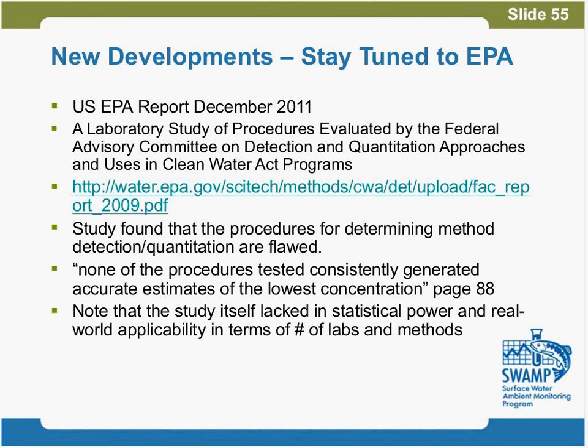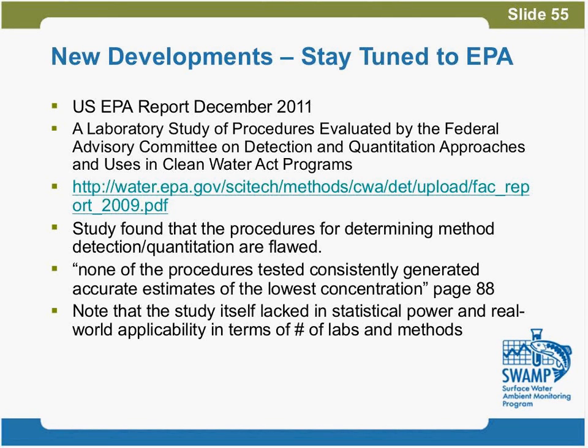US EPA came out with a report in December, and what that report found was that none of the procedures, such as the MDL, and lots of other procedures like limit of quantitation and limit of detection, consistently generated accurate results for the lowest concentration.